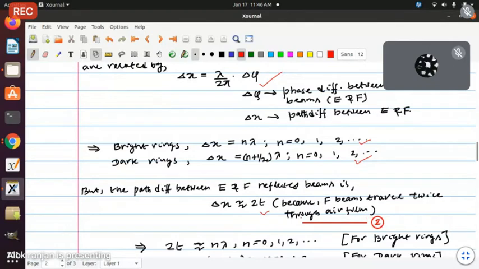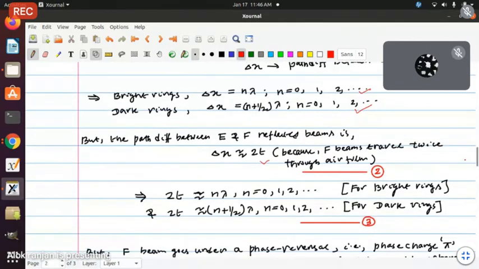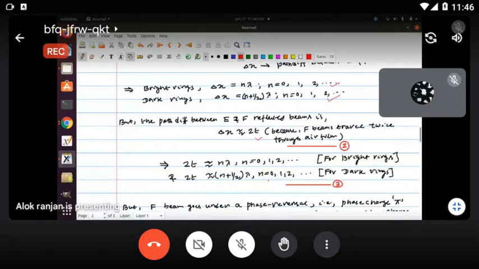Therefore 2T equals n lambda for bright rings and 2T equals (n plus half) lambda for dark rings. So now we convert the bright ring and dark ring conditions into mathematical expressions in terms of the thickness of the air film.